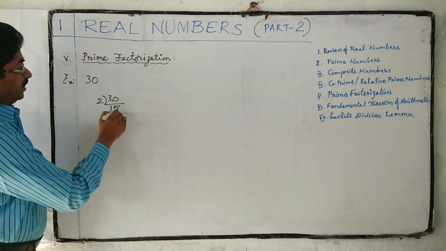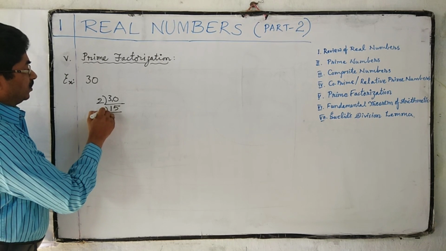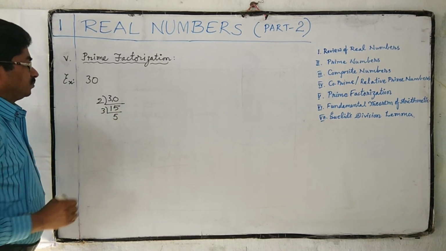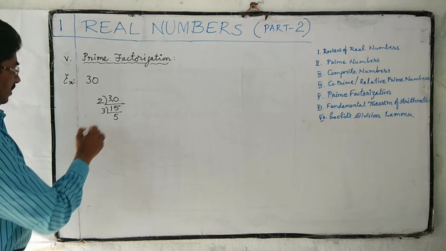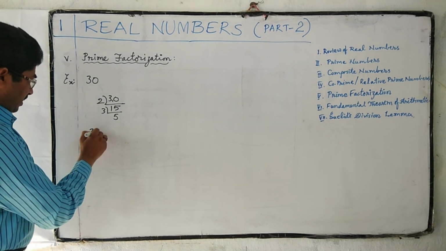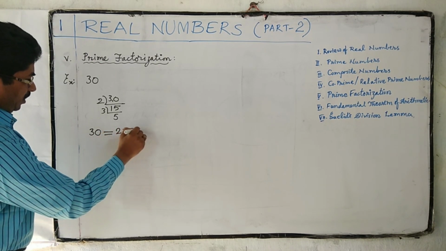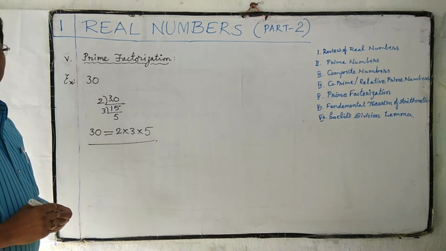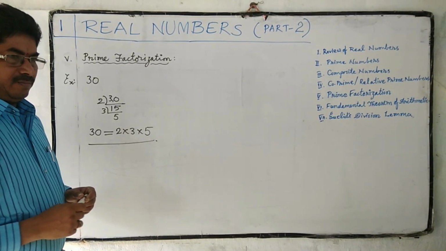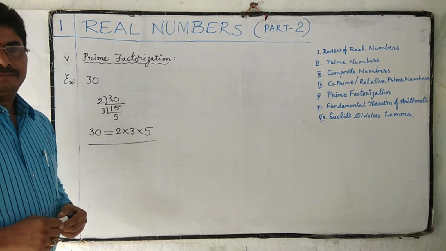Next, it is an odd number but divisible by 3. 3 5s are 15. We got a prime number last, so stop. 30 is equal to 2 into 3 into 5. So this is the prime factorization, in which we have all primes only.